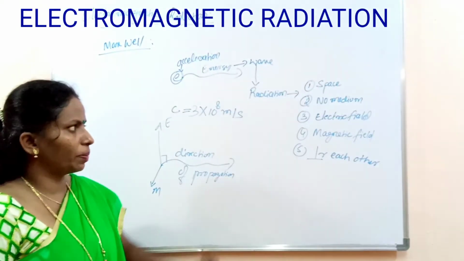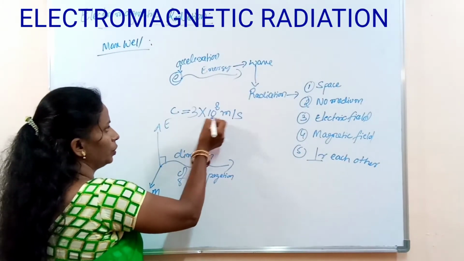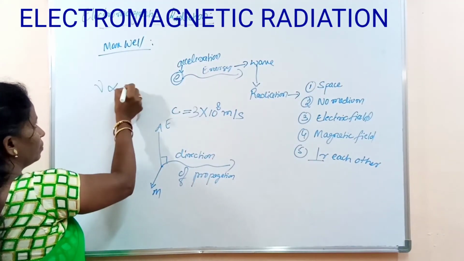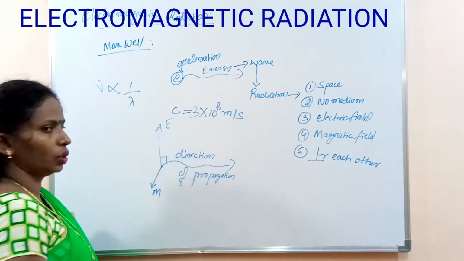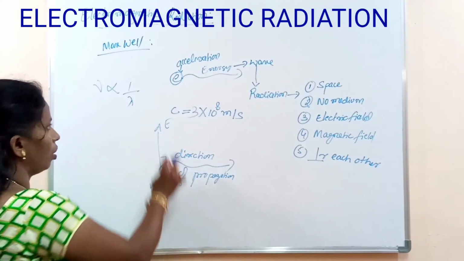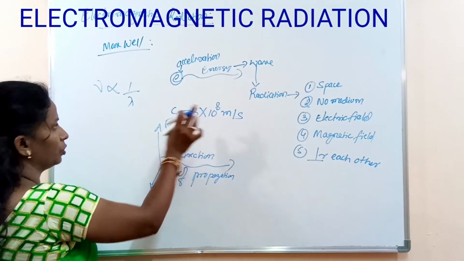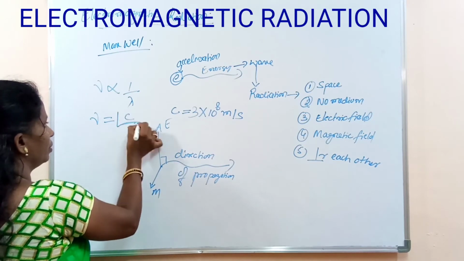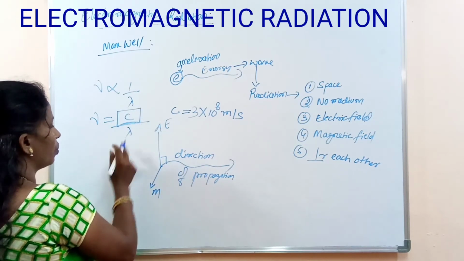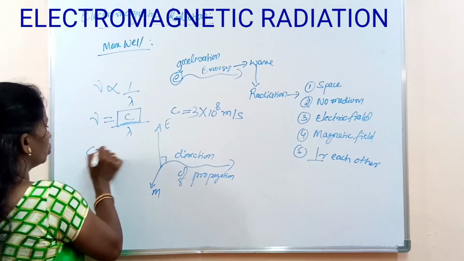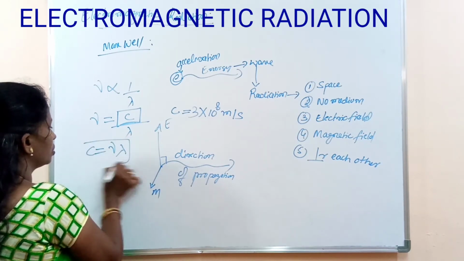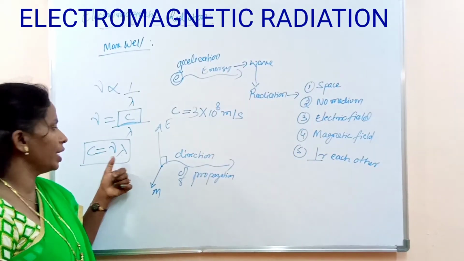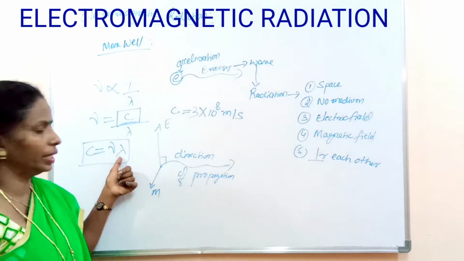In space they travel with this velocity irrespective of nu and lambda. Whatever the nu or lambda, all radiations travel with velocity 3 into 10 to the power of 8, so nu is equal to c by lambda. That c is the velocity of light, so c is equal to nu lambda, the product of frequency and wavelength of a particular radiation.